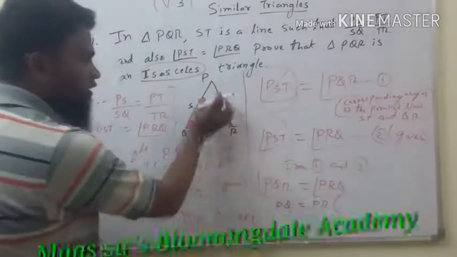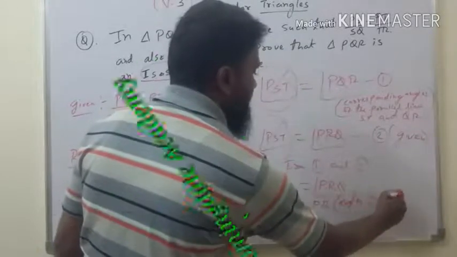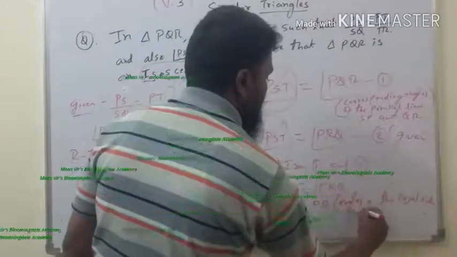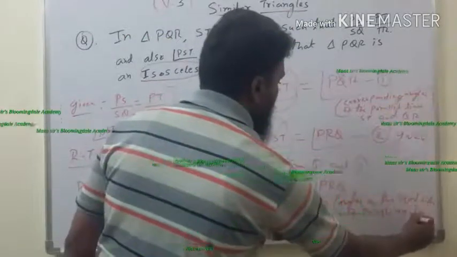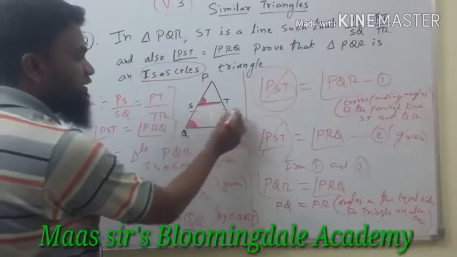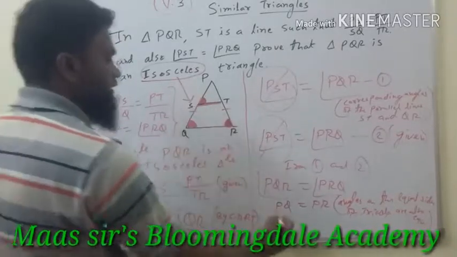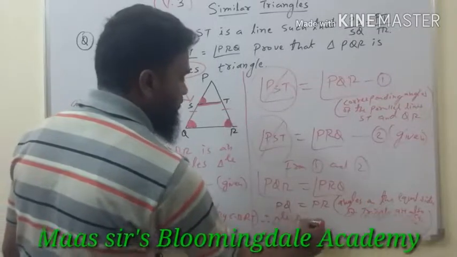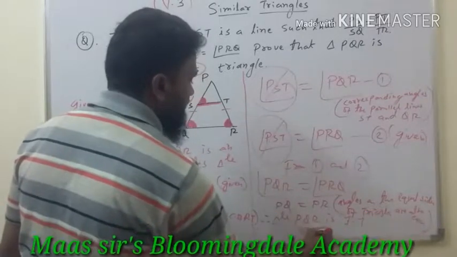Because angles on the equal sides of a triangle are also equal. If the angles are equal, then this side is equal to this side. So when these two sides are equal, this triangle is an isosceles triangle. Therefore, triangle PQR is an isosceles triangle. Hence proved.